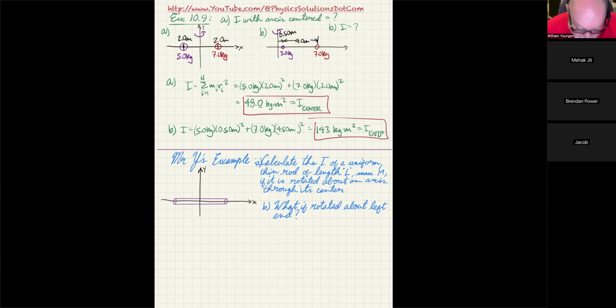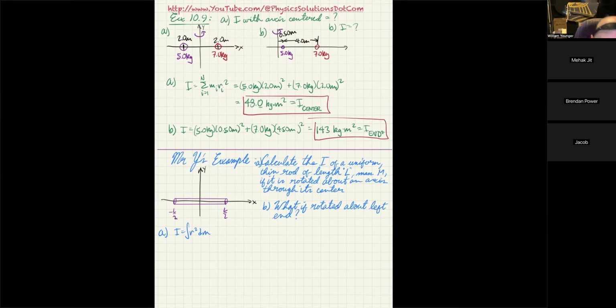Okay. So, given our description, I'm going to say this end is at L over 2 and this end is at negative L over 2. And I'm going to proceed as follows for part A. I equals the integral of r squared dm. And of course, we always use our dm in the way we told you.